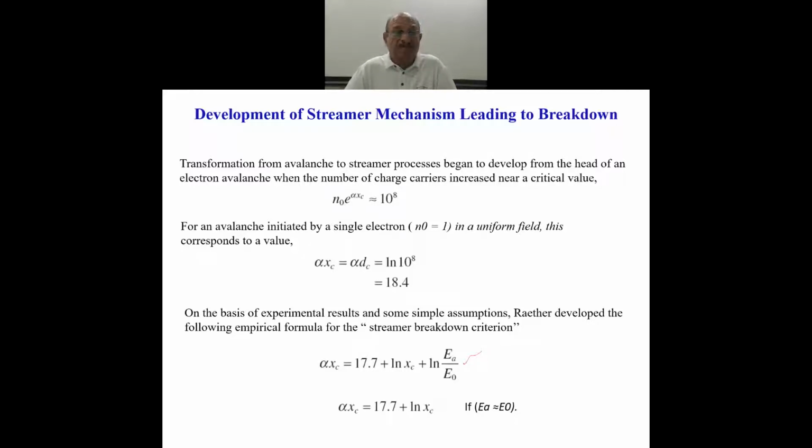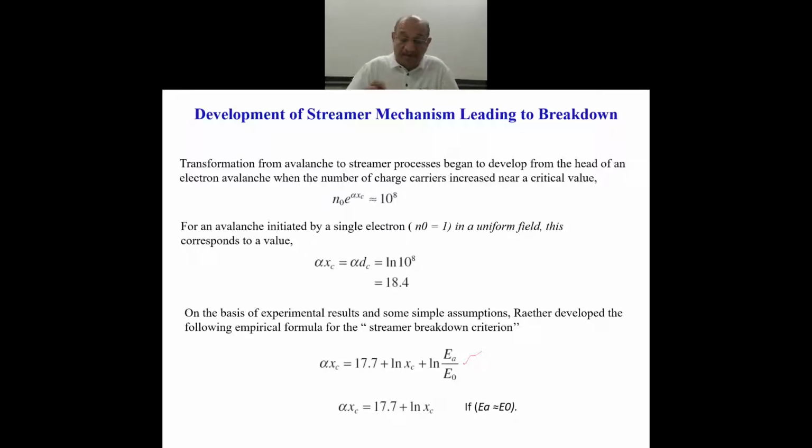You can imagine when the avalanche carries a very large number of charged particles, the accumulation of charged particles, we said, is a space charge. But whenever charged particles accumulate, they form their own electric field. So we have to take into consideration two electric fields in the gap.